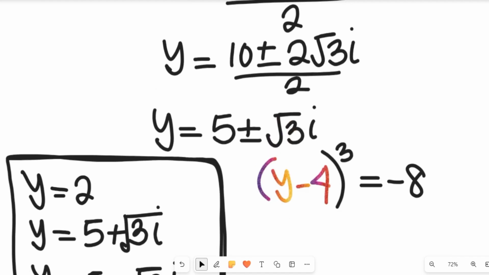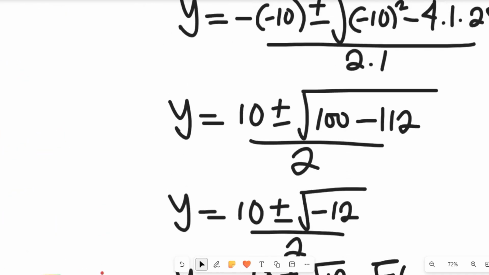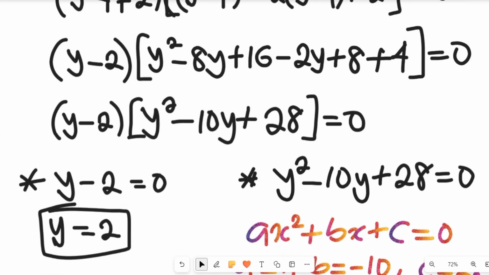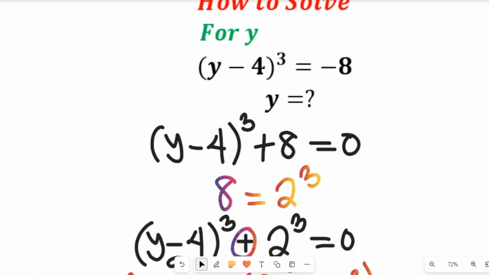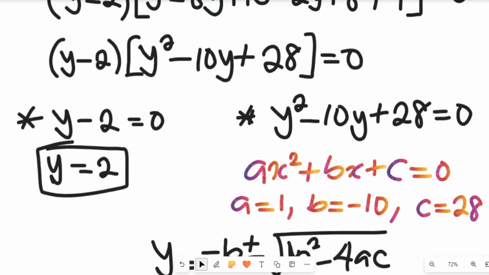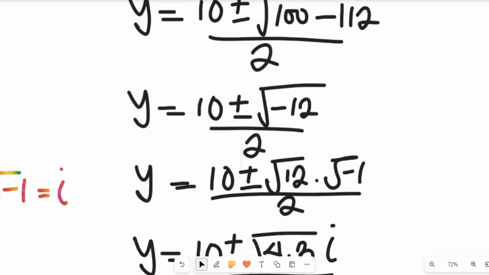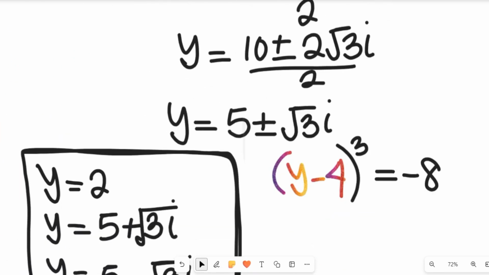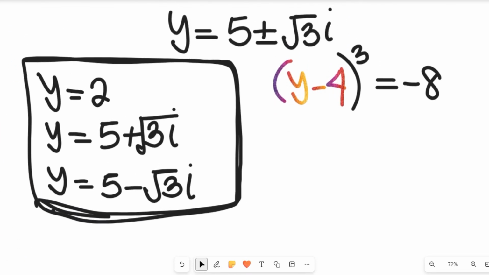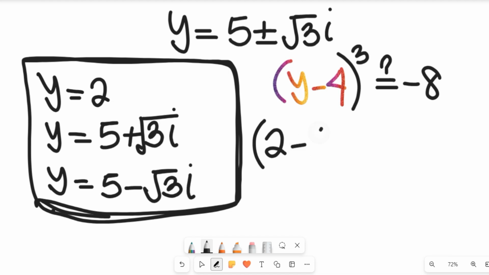That's exactly what we have from the beginning of the question given to us. Great. So having done that, let's insert the value y equal to 2. If we insert the value y equal to 2, are we going to have negative 8 on the right hand side? Let's see. 2 minus 4, all to the power of 3. What will it give us?